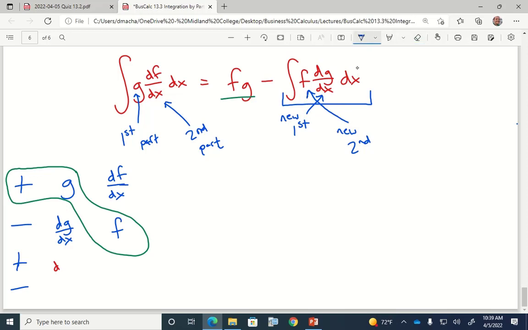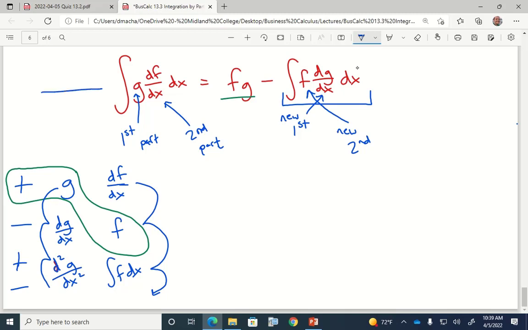There we go. Because when you write another line of this table, the new first part is going to have the second derivative of that g, and the new second part is actually going to be the antiderivative of f. So you start taking antiderivatives going in the third column, and you take derivatives going in the second column.